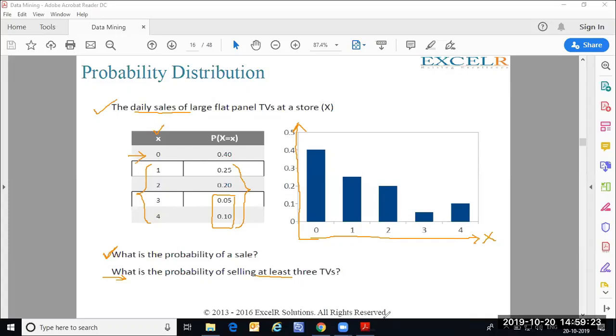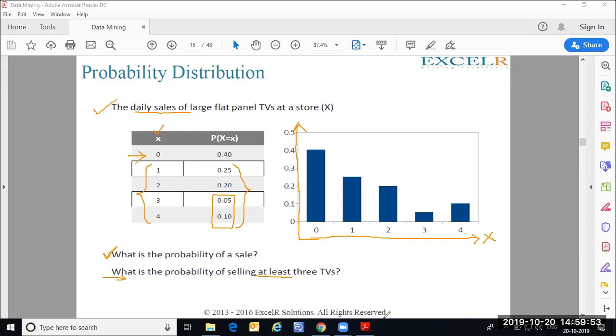A typical bar plot, right? But in a bar plot, we always look at only one axis. Here we are taking the probabilities as well into consideration. If you have probabilities on the y-axis and the respective x on the x-axis, then it's called probability distribution.